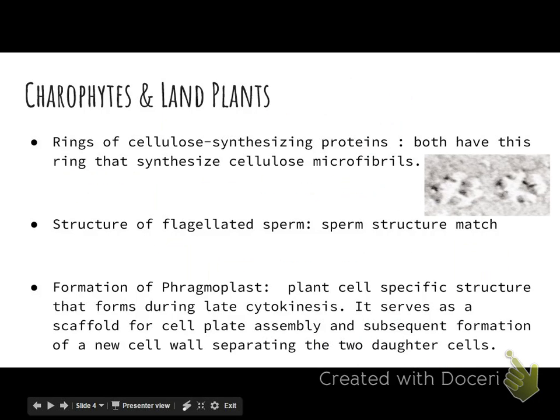Oh yeah, so how they knew that chlorophytes and land plants were the same was they looked at the rings of cellulose synthesizing proteins, and both have these. What this does is it creates the structure for plant cells, like the cell wall itself. They looked and saw they were kind of the same.